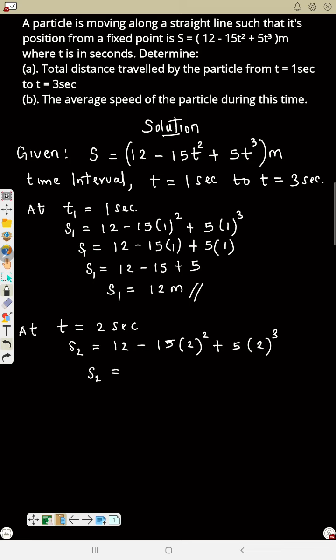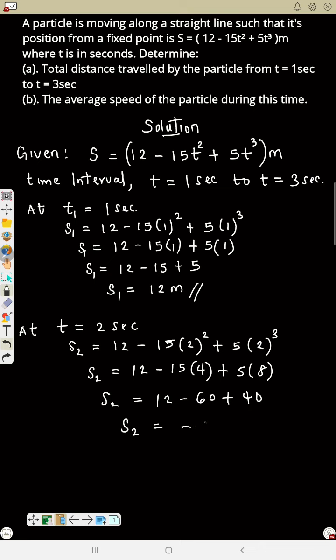So s2 = 12 - 15(4) + 5(8). Then s2 = 12 - 60 + 40. s2 = -8 meters.